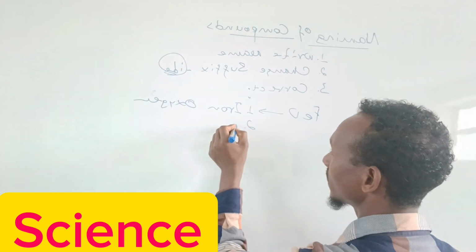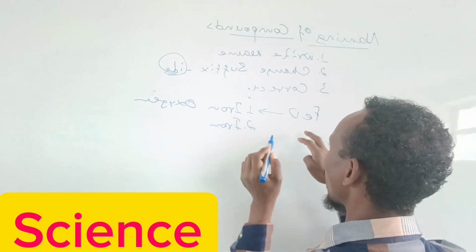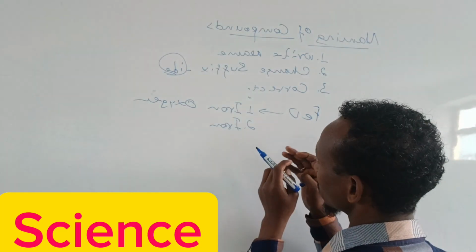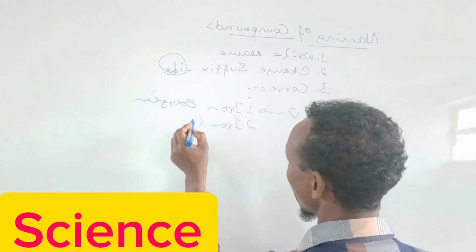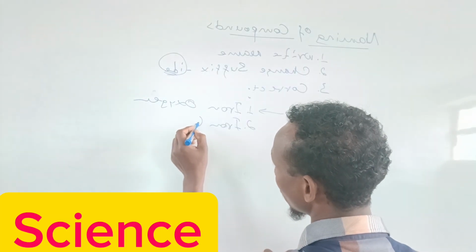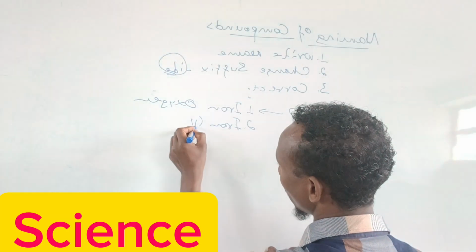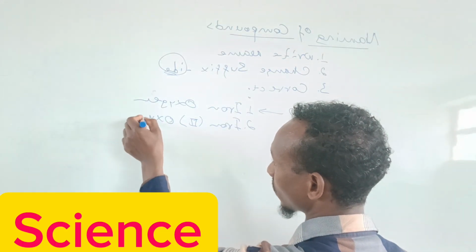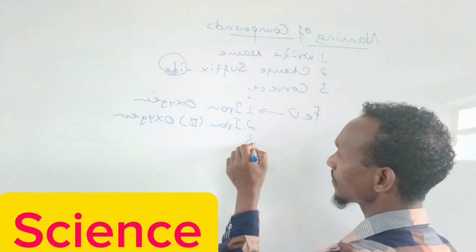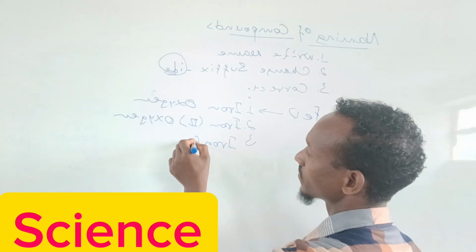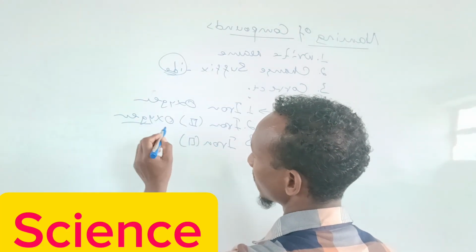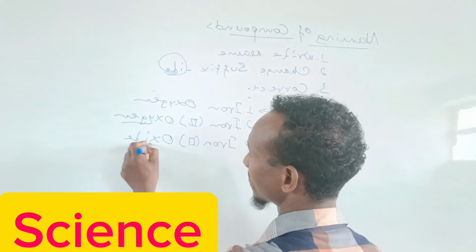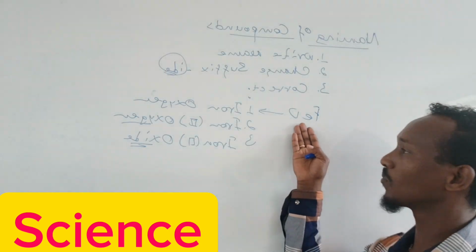Why do the valencies cancel each other? Because they have the same valency number, and then the valency of iron in this compound is 2. The third step is to write iron(II) and change the last part of oxygen to IDE, iron(II) oxide. This is the correct name of the compound.